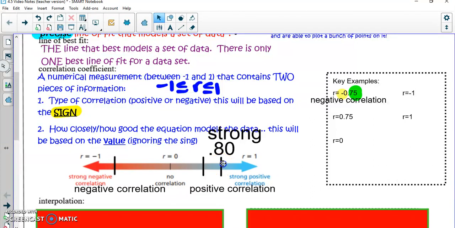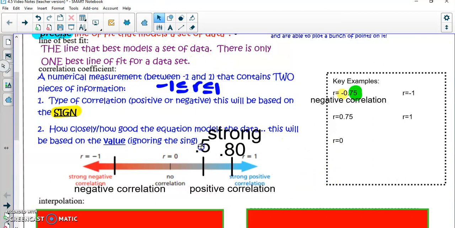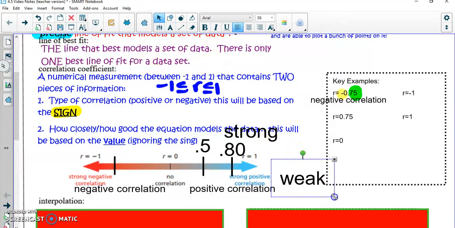Anything between 0.8 and 0.5, so let's put 0.5 on there, we'll consider just a weak correlation. So anything in there we'll just classify as weak.